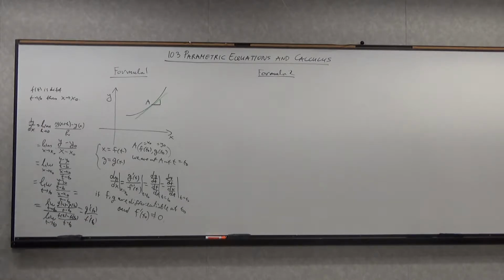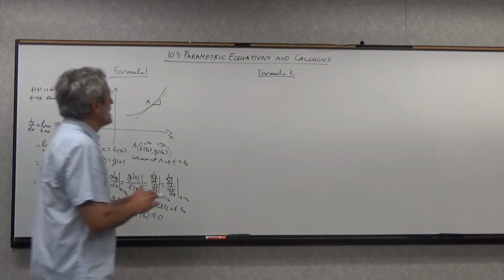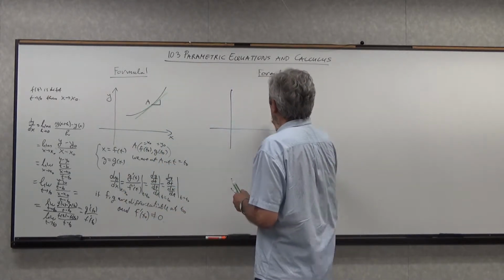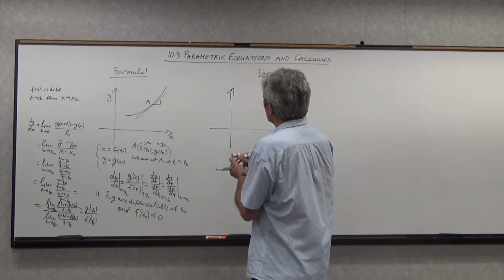I rushed this a little bit and squeezed it here in the corner. I wanted you just to have a feeling of why this formula is true. All right, what is formula 2? Formula 2 addresses a different question with the same curve.